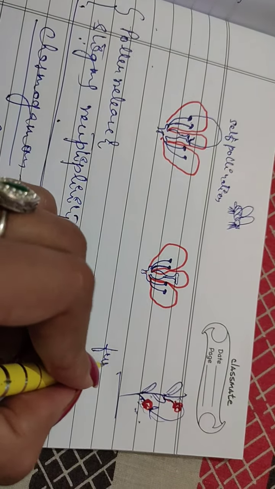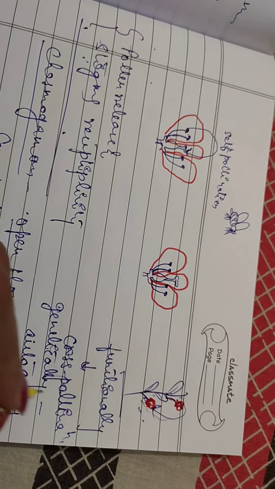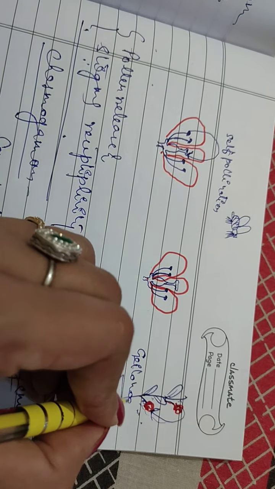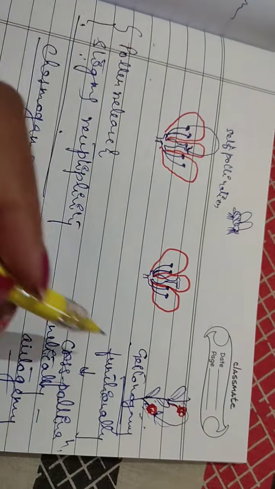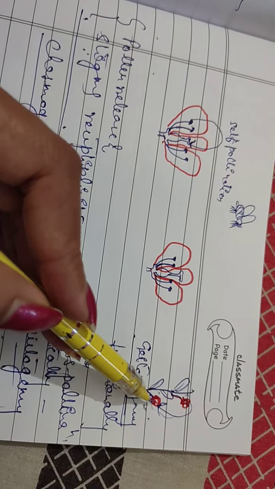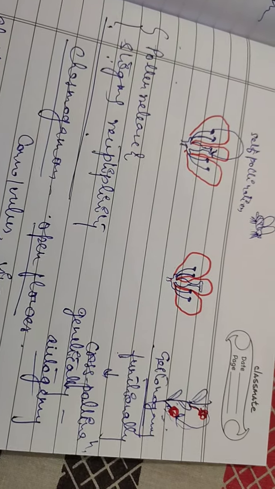But genetically it is similar to autogamy, since the pollen grains come from the same plant. So you have to remember these points. Geitonogamy is the transfer of pollen grain from the anther to the stigma of another flower of the same plant. It is functionally cross pollination, but genetically it is autogamy because the pollen comes from the same plant.